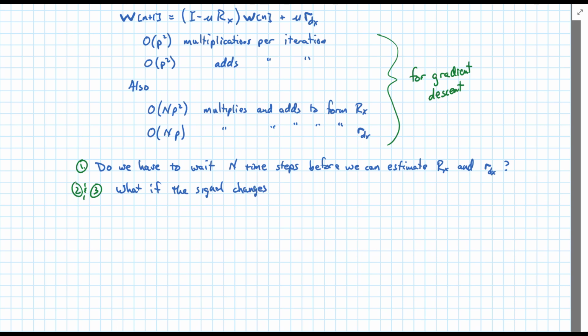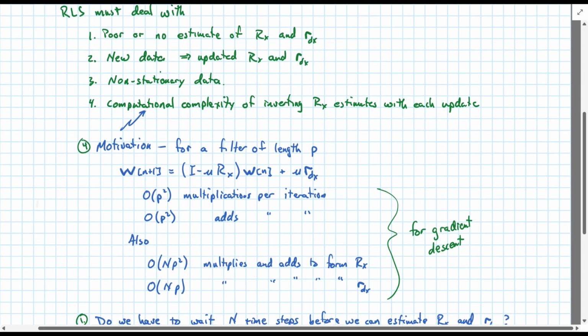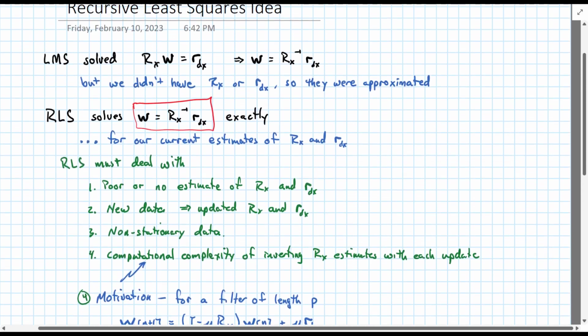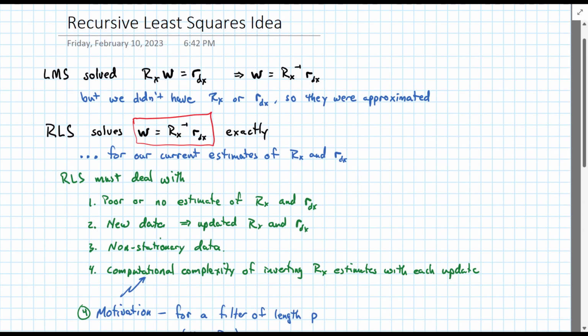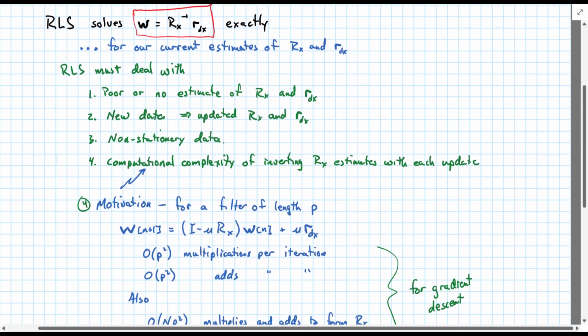Now, we've got a solution to this, but I want to set it up so you can see what's motivating this solution that we're going to propose. The recursive least squares title probably gives some of it away.